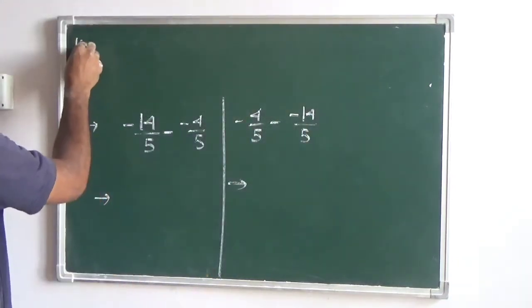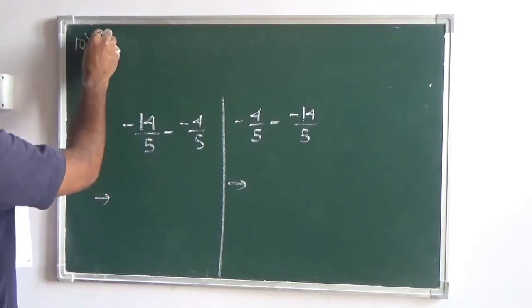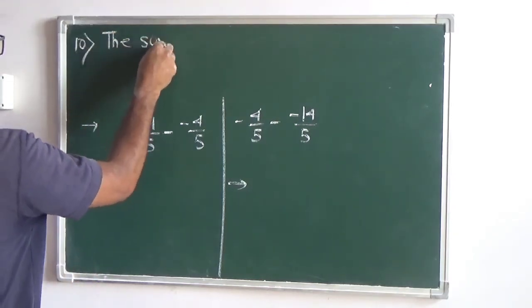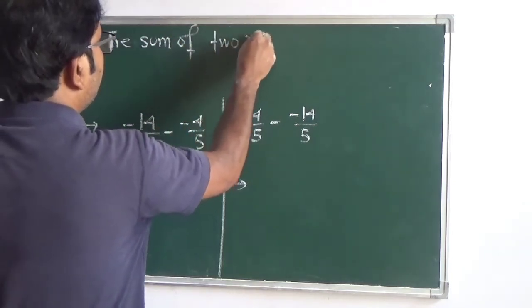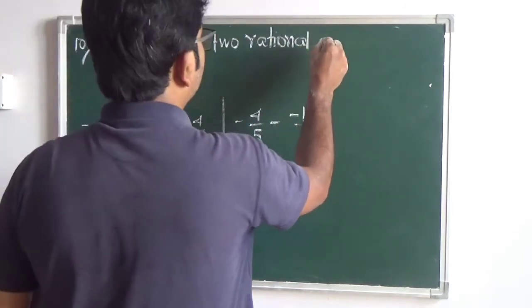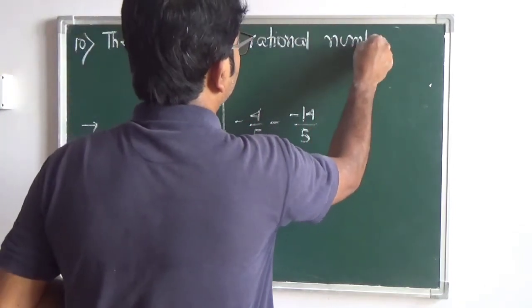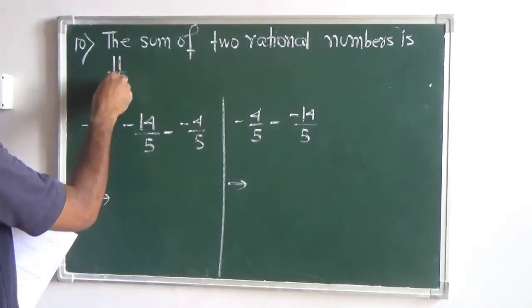So moving on to question number 10. The sum of two rational numbers is 11 by 14.